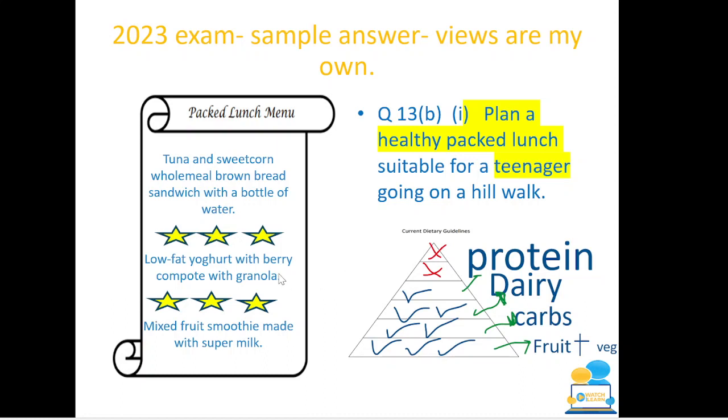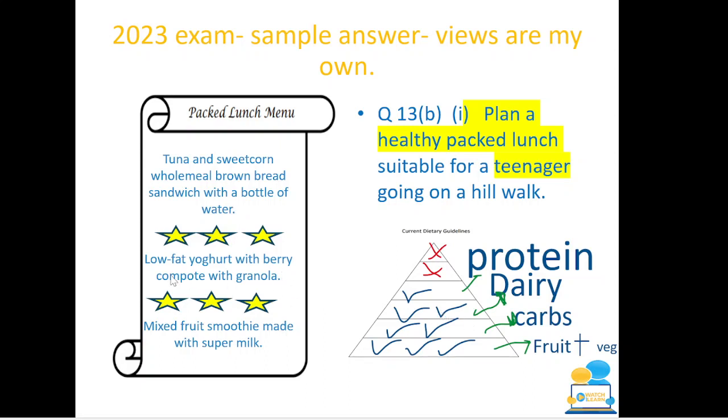Now, you need to make sure that this is a balanced meal. So what you can do is draw out the 6 shelves of the food pyramid, okay? So I'm ticking off here. I have fruit and veg there, all right? So I have sweet corn, I have berries, and I have more mixed fruit there. So that's 3. Carbs, what do I have? I have wholemeal brown bread and I have granola.